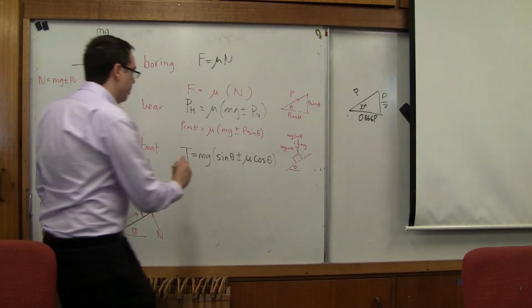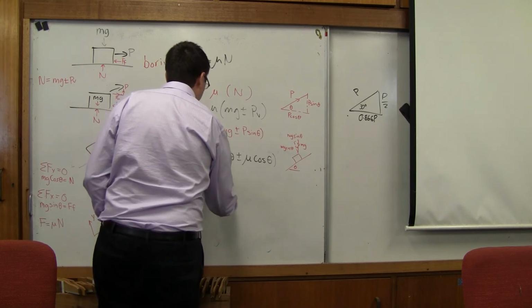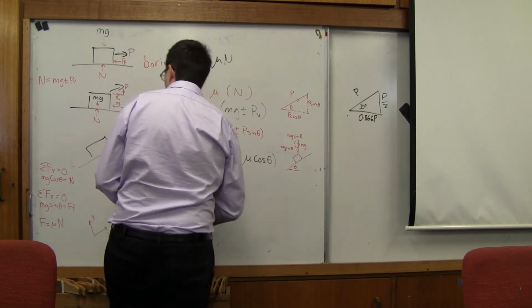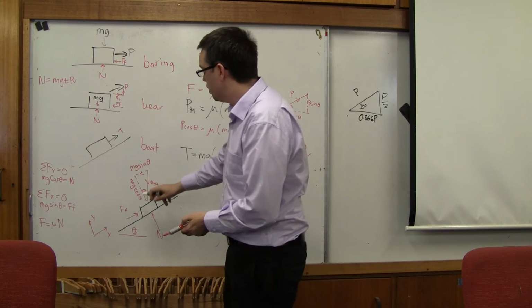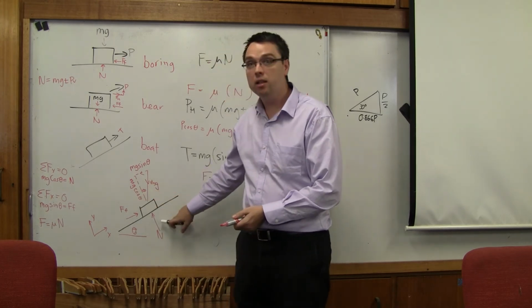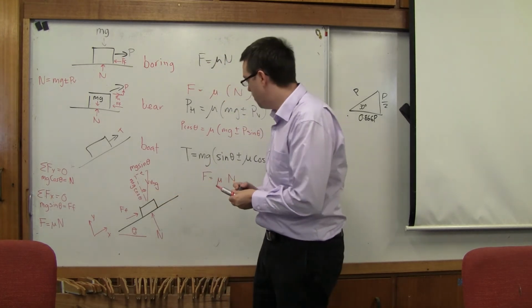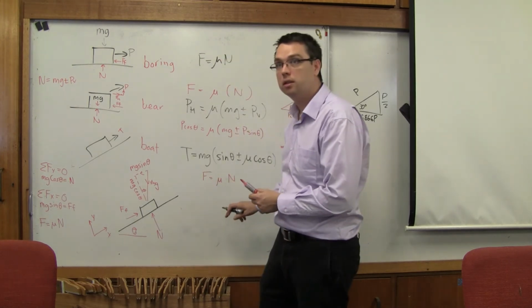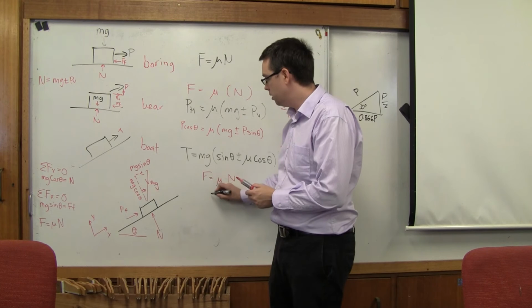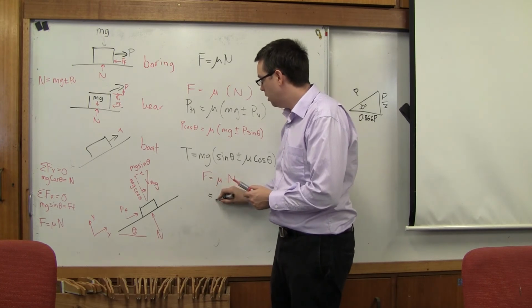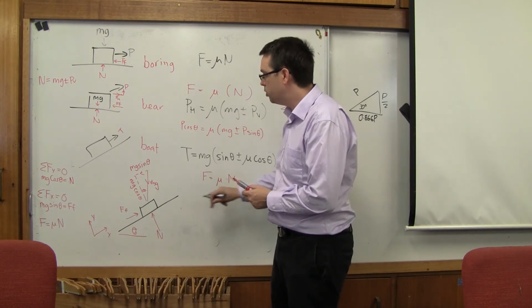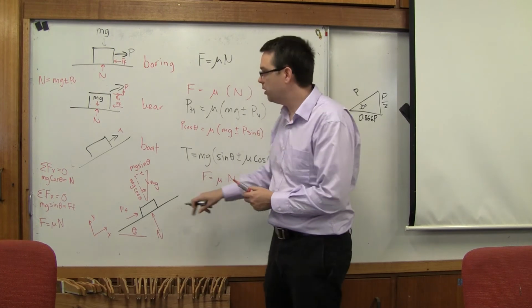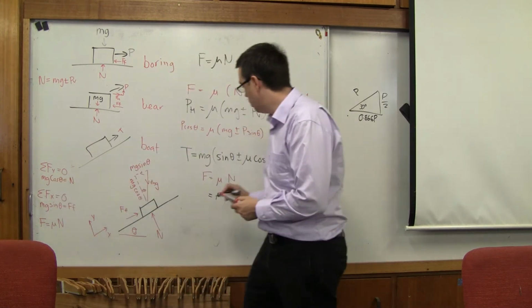So friction is going to be equal to n times mu. What is our n? Mu times mg cos theta, right? Because we figured out n equals mg cos theta.